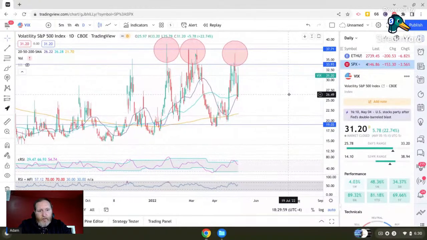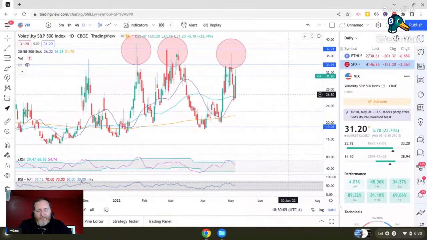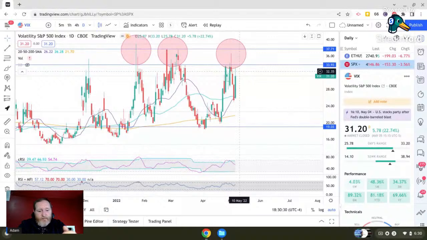Now, it's at 31.2. And remember what we have concluded here over the past several sessions, over the past couple of years, whenever the volatility index, the VIX, reaches the 35 area, it typically does a major reversal. So could we have another day of sharp selling? I mean, tomorrow is Friday, and whenever fear is high in the market, investors, or traders more specifically, don't tend to like to hold open positions through the weekend.